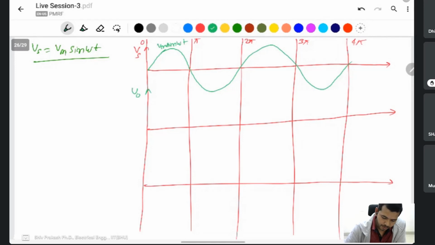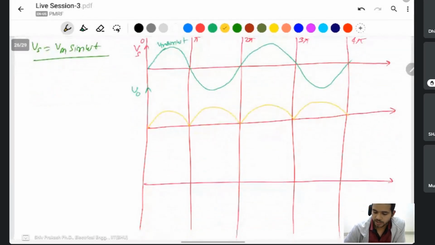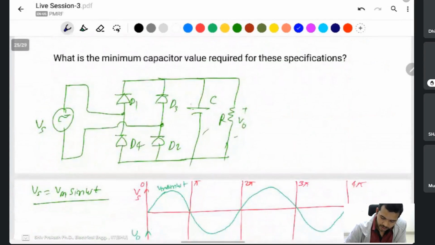Same output signal. I have the full output, after that I rebuild this. If the capacitor is not present, then this waveform will come in the output. But when the capacitor is present, it has some voltage, the capacitor voltage.